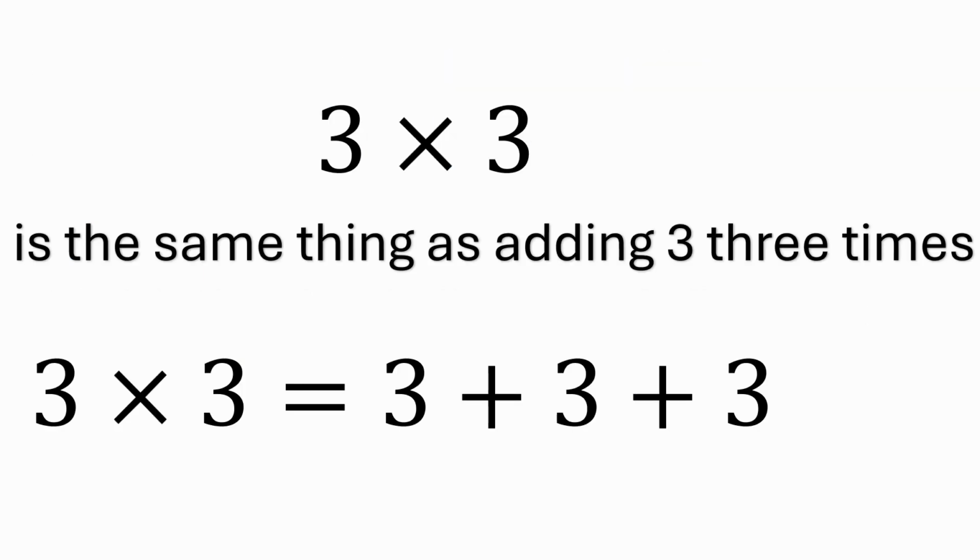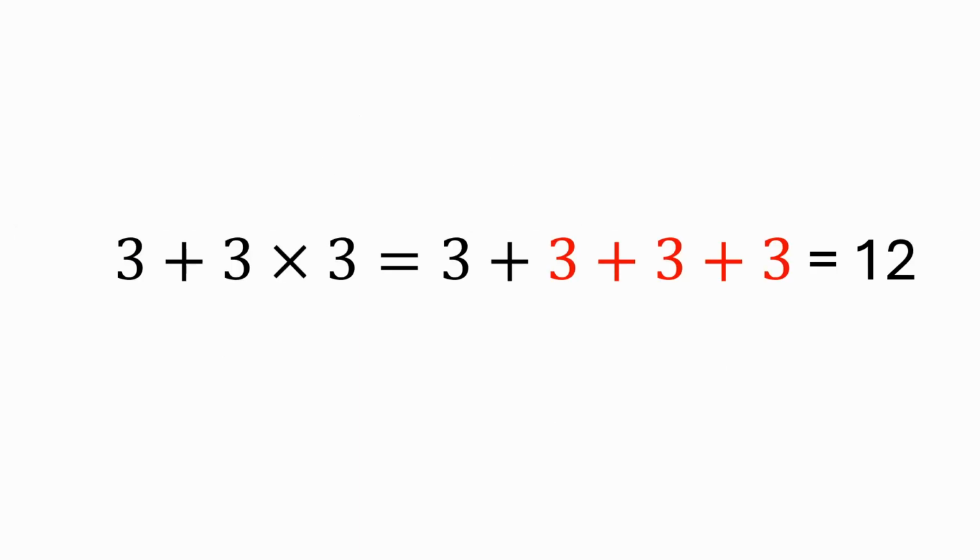So when you have something like 3 times 3, as we have in this problem, 3 times 3 is the same thing as adding 3 times. In other words, 3 times 3 is the same thing as 3 plus 3 plus 3. So for those having trouble mixing multiplication and addition, you can replace that multiplication with equivalent addition, and you're going to get the same answer.